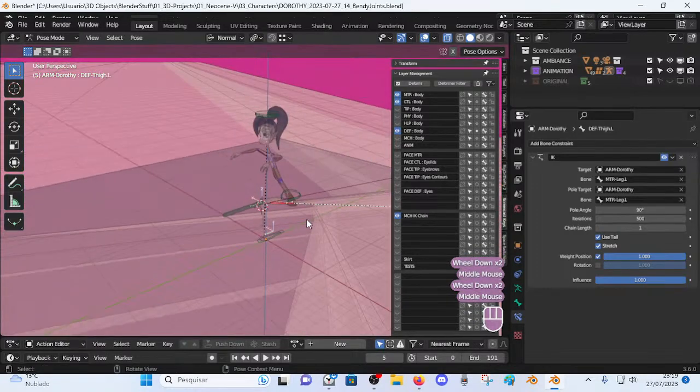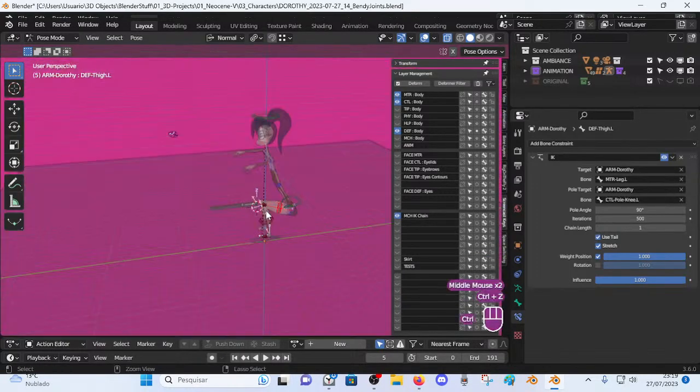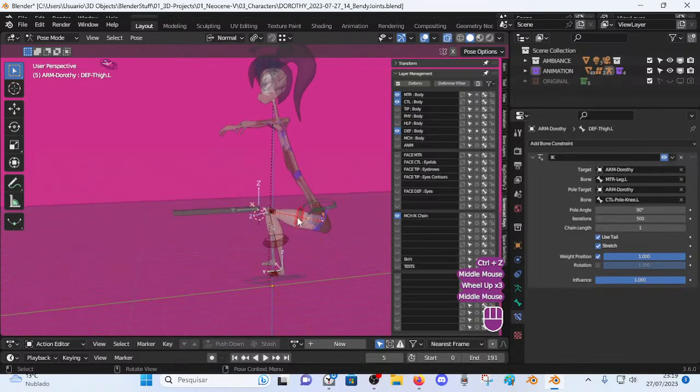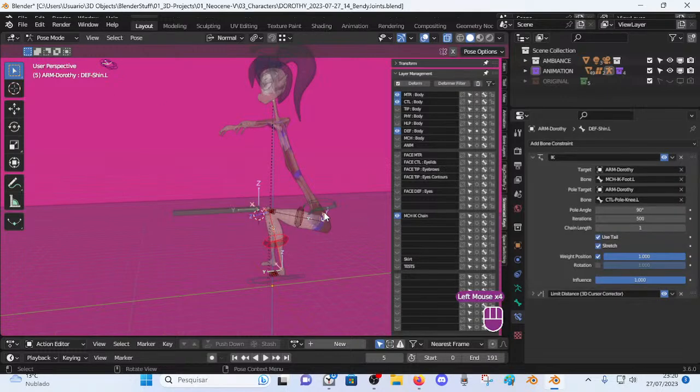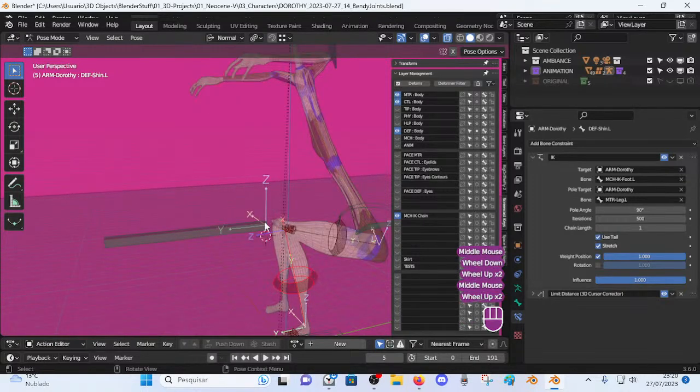I think it cannot use its same, but this one maybe could use it, but then it will lose. Yeah, this is not a good pole target position, but at least it wouldn't cause that bug, right? Let's see.